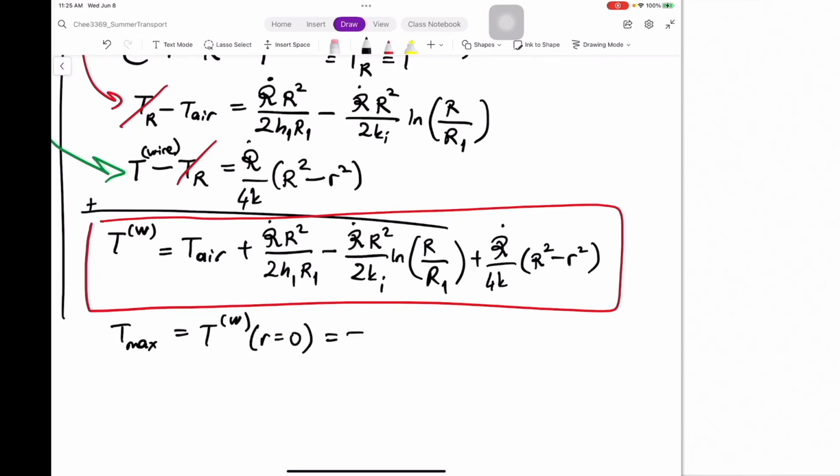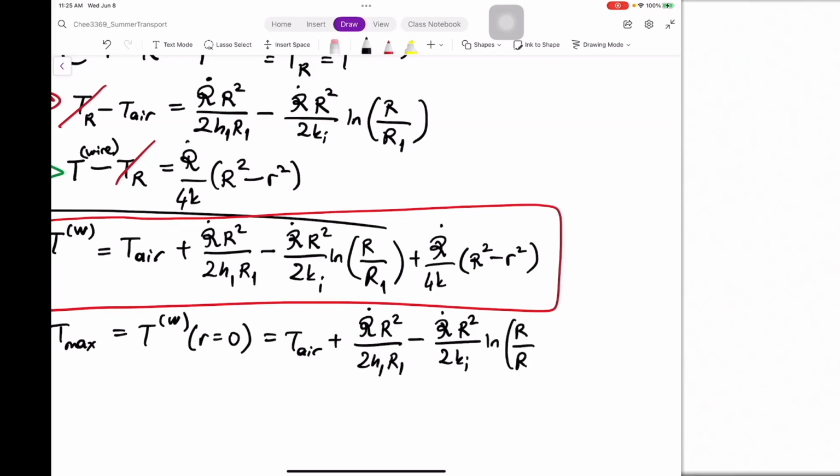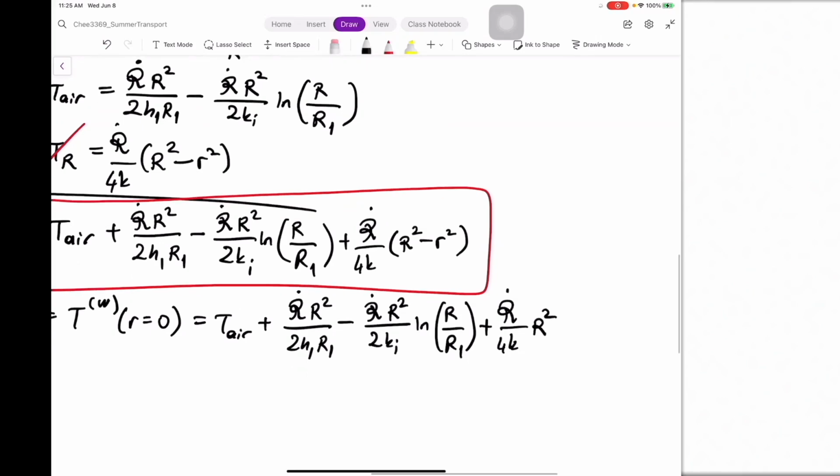And that's equal to T air plus that's R squared over 2H1 R1 minus fancy R dot R squared over 2K_i, and then R over R1, plus, and if you plug in r equal to 0, you get that.